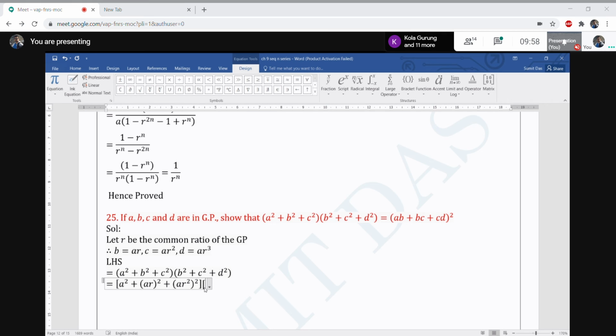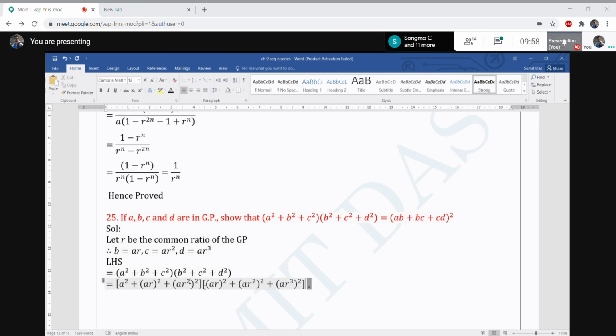Then b square means ar, plus c square means ar square to the power square. Then d square means ar to the power cube whole to the power square.